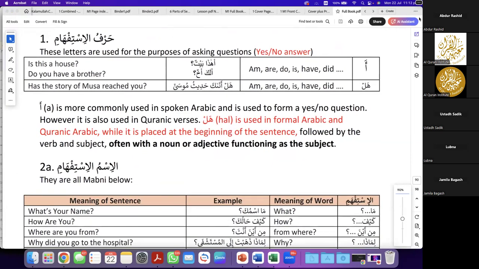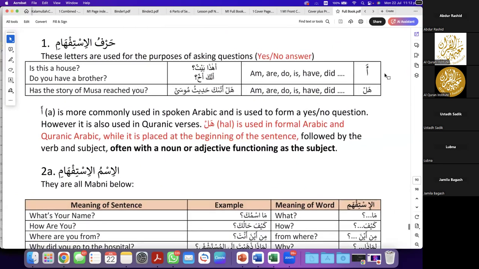And second one is hal. For hamza, the typical translation would be am, are, do, is, have, or did, like that at the beginning of a sentence when we translate it in English. First example here is ahadha baytun. Is this a house? Now, look carefully.